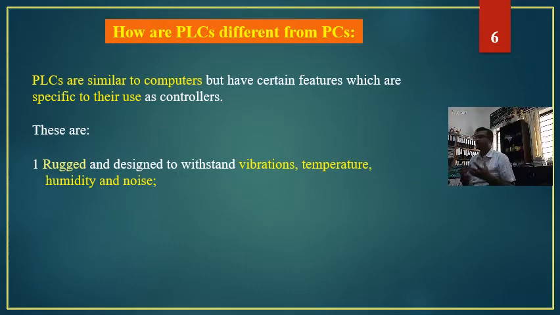If we are going to use PLCs in an industrial environment, then they must take the harsh environment of the industrial floor. In any mechanical industry, vibrations, high temperature, noise and humidity are most of the time unavoidable. So PLCs must be rugged and able to tolerate all these aspects.